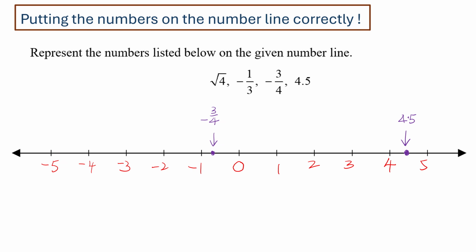And then square root 4 is square root 2 times 2, and that gives you 2. So the number 2 is here. Put the arrow and put square root 4. All right, so -1/3, we have learned just now, -1/3 is a recurring decimal.